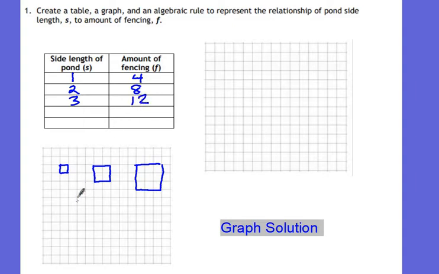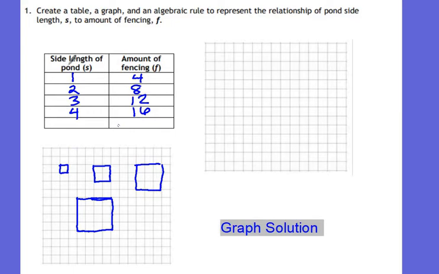Then if I look at a 4 by 4, the amount of fencing here, 1, 2, 3, 4, 5, 6, 7, 8, 9, 10, 11, 12, 13, 14, 15, and 16.